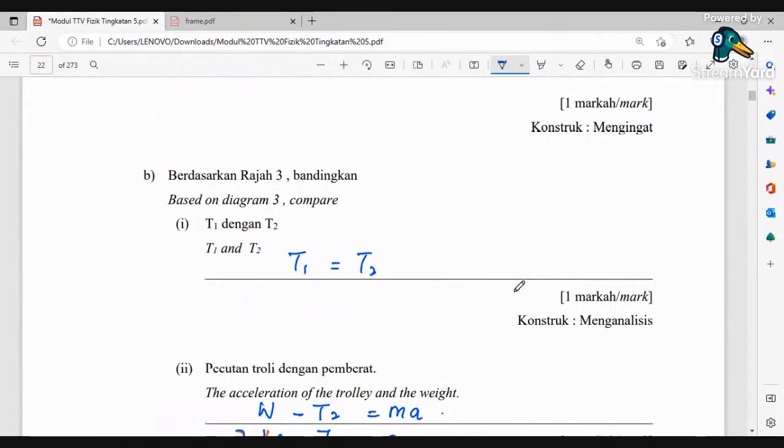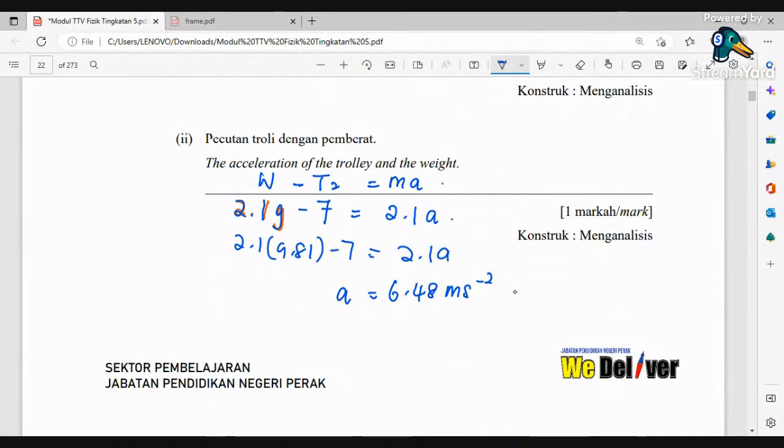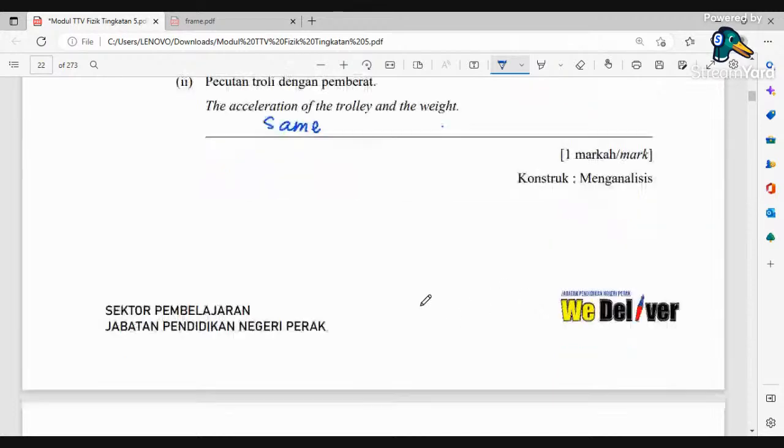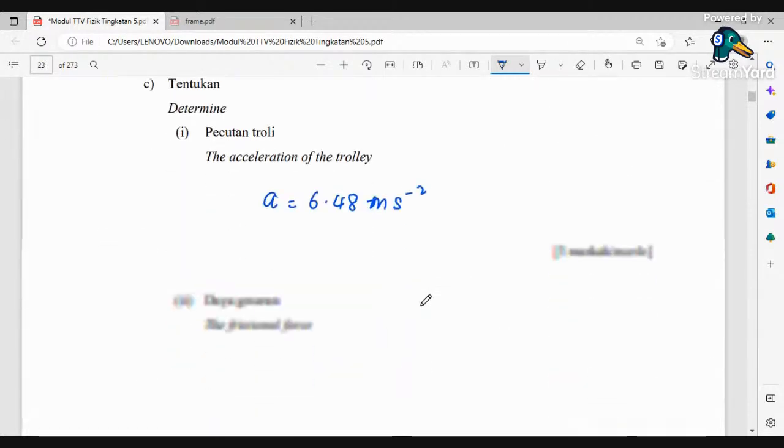Oh, let's see. Compare, sorry. This one I should write below. Because saya sudah, bila saya gerak tadi tak nampak dia punya soalan. Same. Okay, here only we show the calculation step.